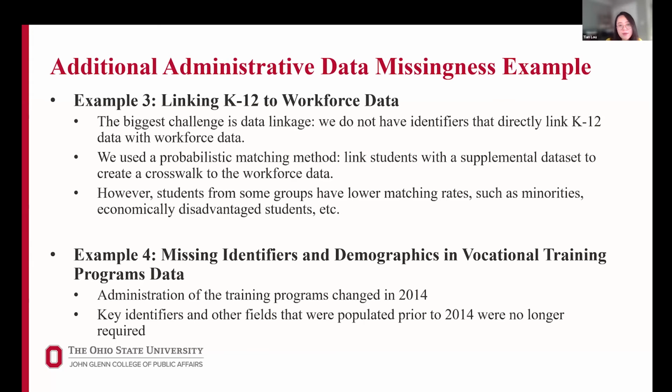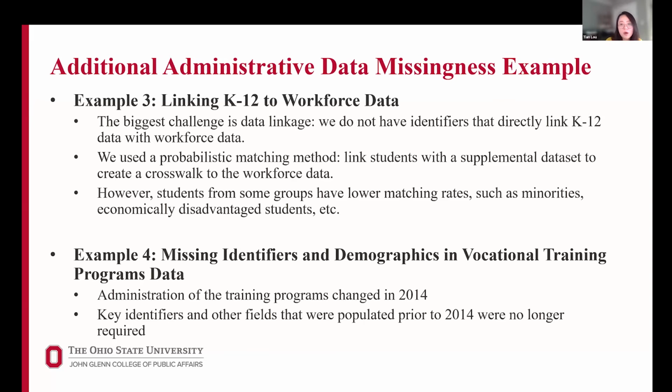This allows us to observe a lot of students' outcomes. However, even if we are able to link students' data with workforce data, there could still be potential problems, like the matching rate is not always 100%.